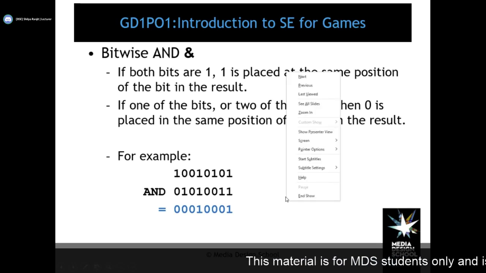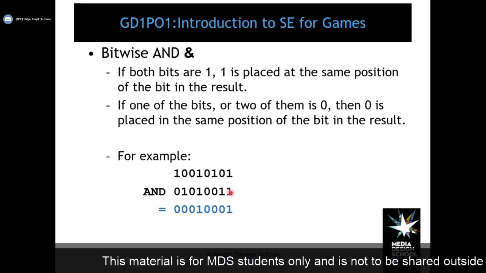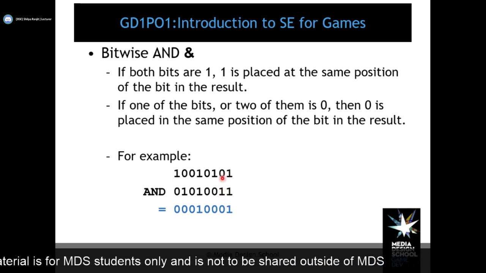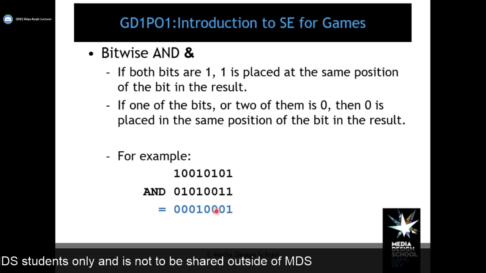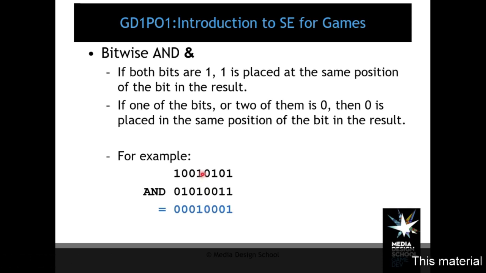All right. So you have a 1 and 1 in the first one, you get the result as 1. In all the other cases, you would find a 0 there. So 0, 1 is 0, 1, 0, 0, 0, 0, 0. So if you have at least one 0 in the case of your bitwise AND operation, you would end up with a 0. So only in cases where you find 1 and 1, you can see the result as a 1.